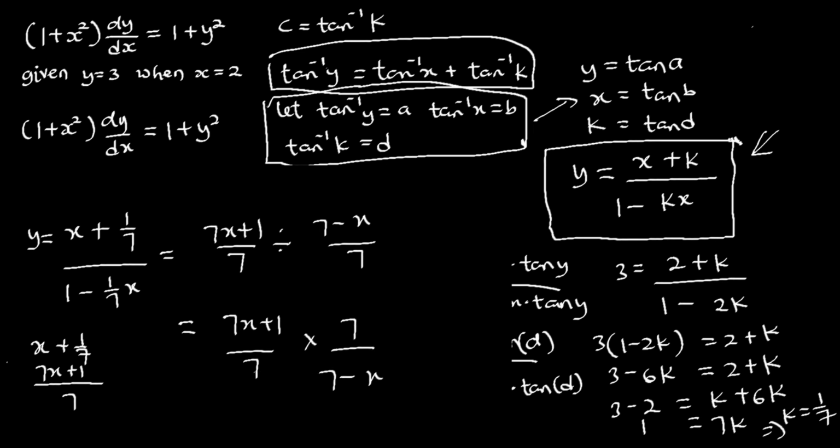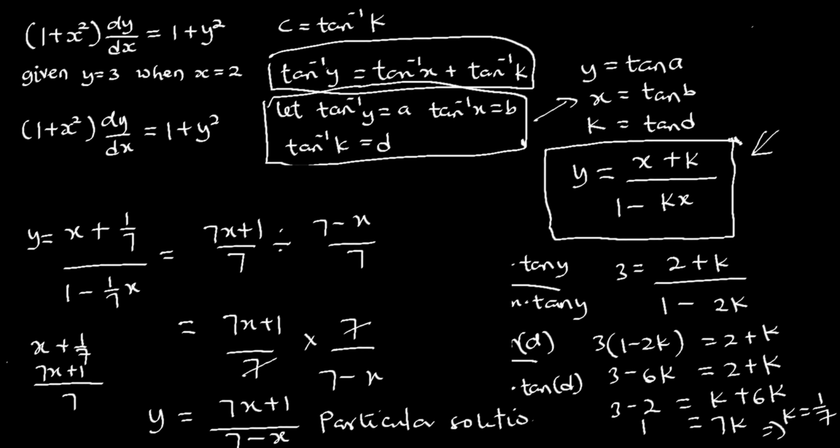You see that this 7 will cancel out this 7, and at the end you're going to get y equal to 7x plus 1 divided by 7 minus x. So this becomes the particular solution to the differential equation that was given, with the boundaries being y equals 3 when x is equal to 2.